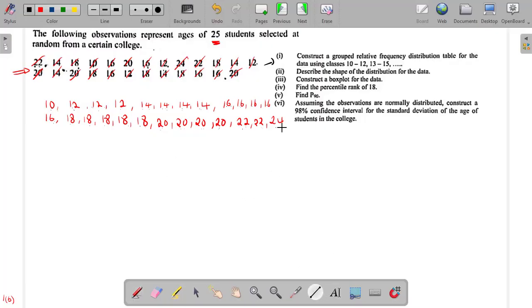Okay, so I want to draw a grouped relative frequency table. It's just going to have 3 columns. We have the intervals, and then the frequency, and then the relative frequency. So it's going to be very easy. Let me draw this table.